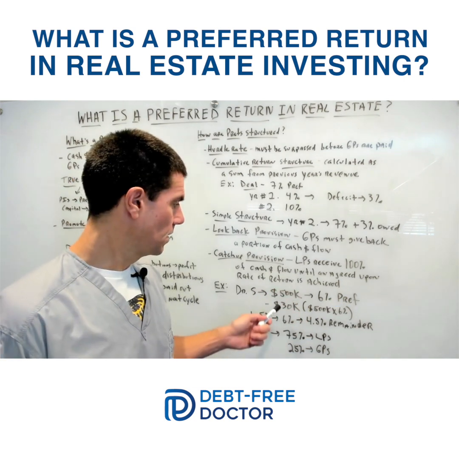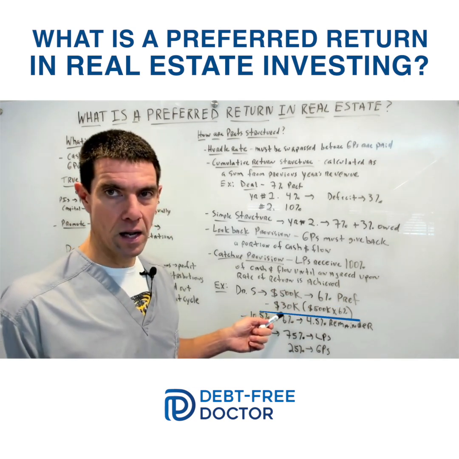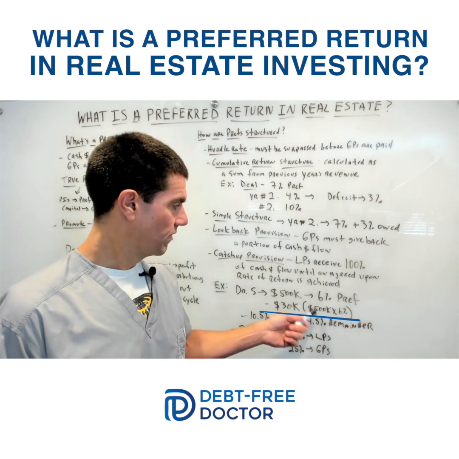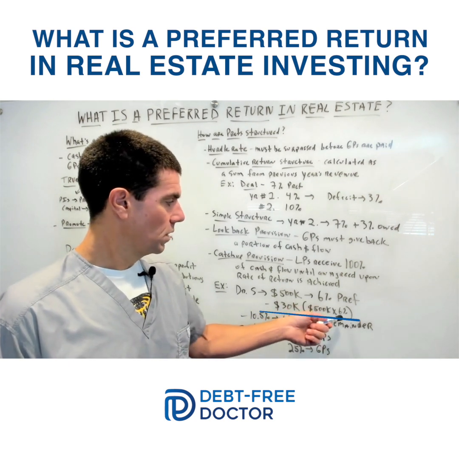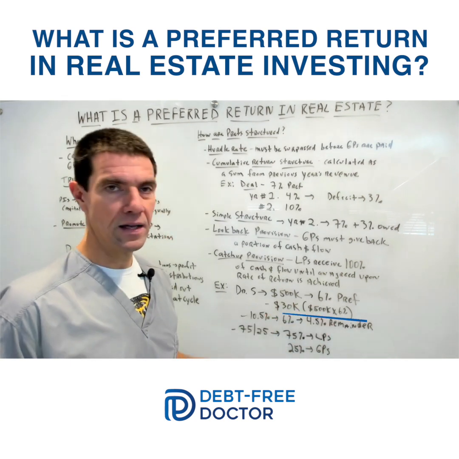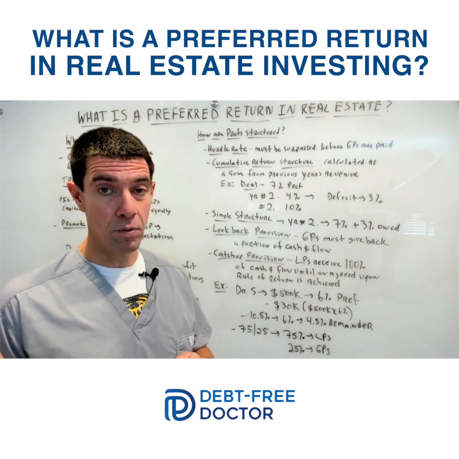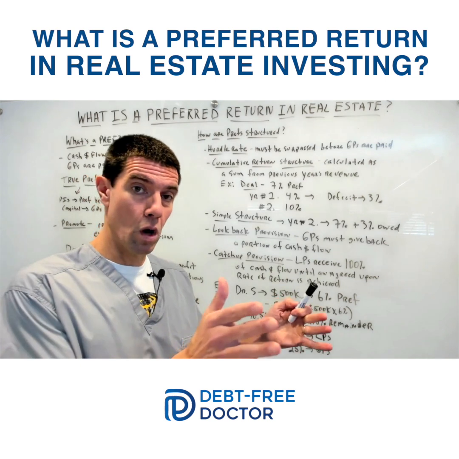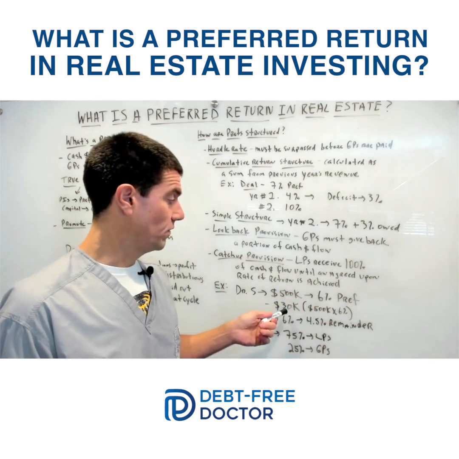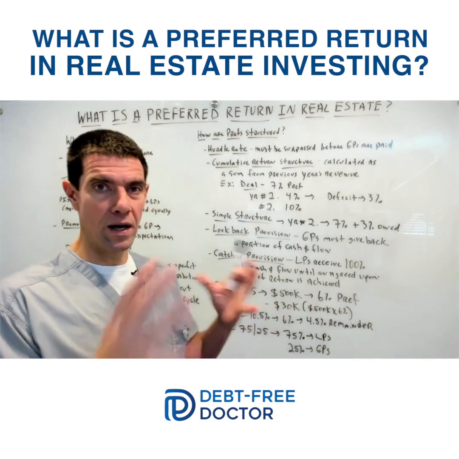This means that he's going to be paid $30,000, if you take the $500,000 and multiply by 6%. He's basically getting $30,000 tax deferred because of the depreciation. It's going to offset the passive income. 30 grand a year while he's holding this.